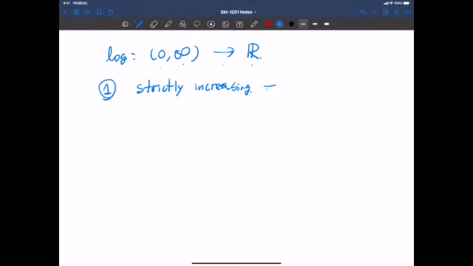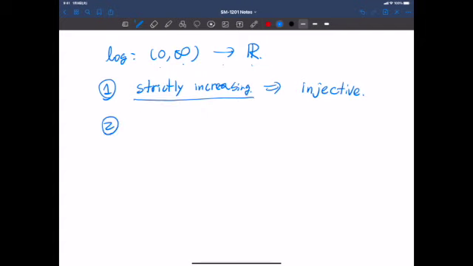So this means this function is an injection, injective. Okay, if two values x1 and x2 are different, then log of x1 and log of x2 are different. Now this is a consequence of a strictly increasing function.